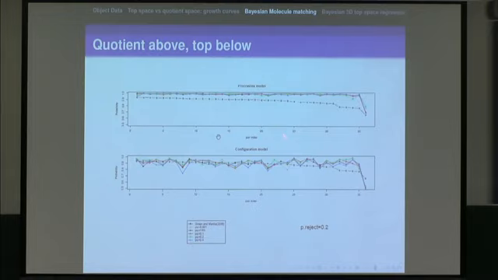This is the quotient space model here, and these are for comparing two proteins. These are the probabilities of a match using the Procrustes model, and this is the original Green and Mardia top space model, and this is using our version of the top space model, and you can see they're higher for the quotient space one.